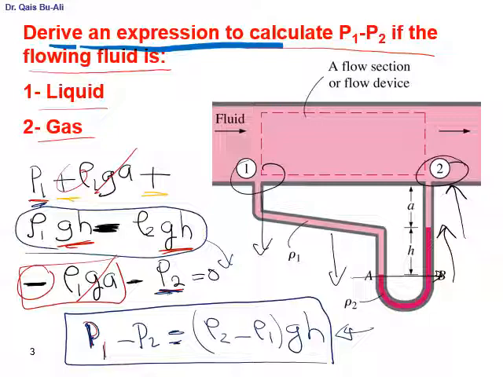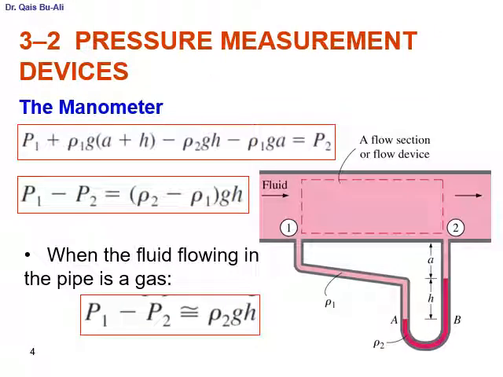I personally prefer this method, and as you can see, we got the same answer. Again, this is what you see in the slide. This is the derivation, this is how it was obtained. We have obtained this equation by the two methods.